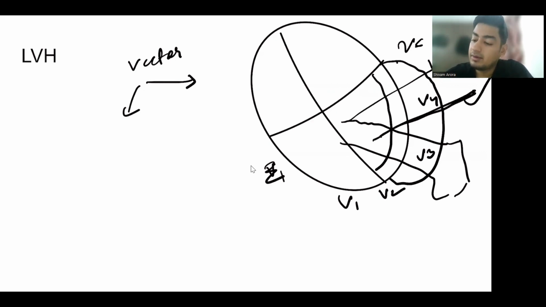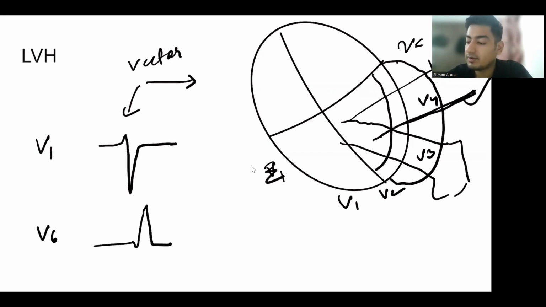Okay. So in V1, we normally have this RS wave. And in V6, we normally have this QR wave.